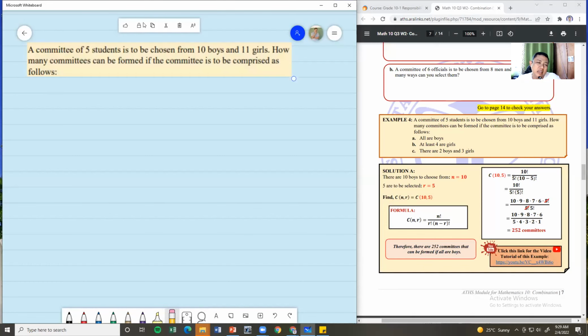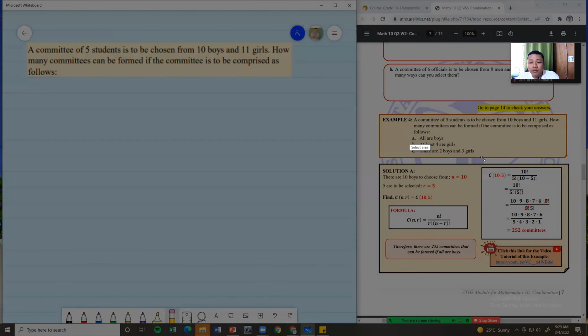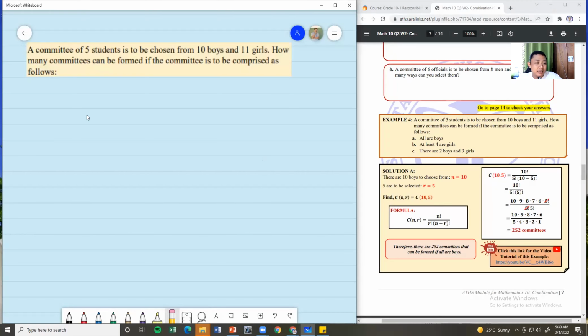Just the same as before. How many committees can be formed if the committee is to be comprised as follows? This time, we have to be careful because we have different sets of conditions which will be presented now.